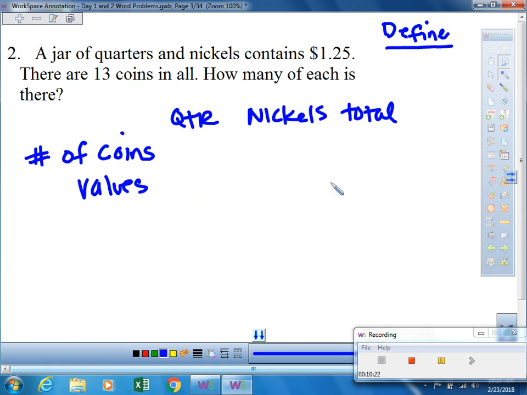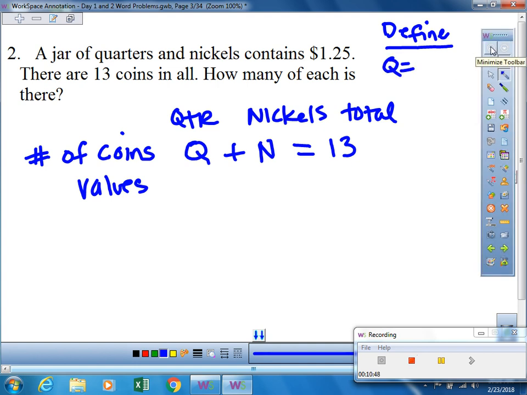So write up your two statements, define your variables, stop. Okay, do we know how many quarters? No, we're going to use Q. Do we know how many nickels? So when you add those two up, how many is your total? 13.